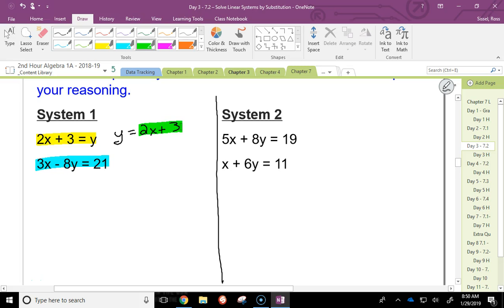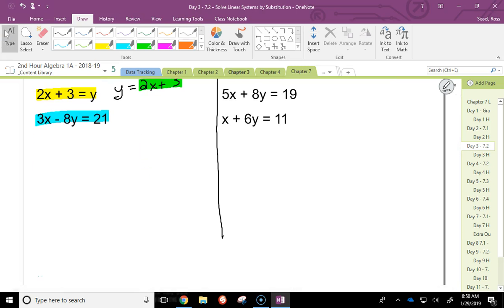Just like I told you earlier, x equals 5 in that example, and we substituted that in. So instead of a y, I'm going to put in 2x plus 3. You have to go to your second equation. This was my first equation, and since I'm substituting with this one, you just have to substitute in the other one.